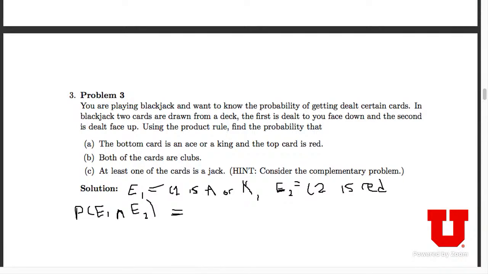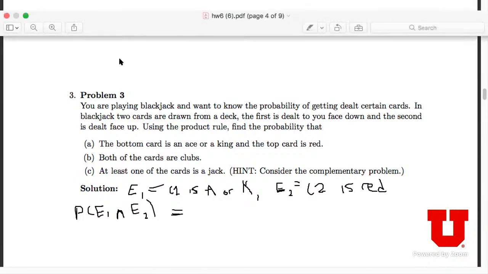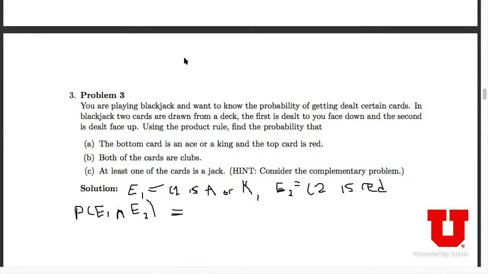I'm thinking that it's ace or king, so double the possibility of it, and then times the possibility of the top card. Are there 4 aces and 4 kings?